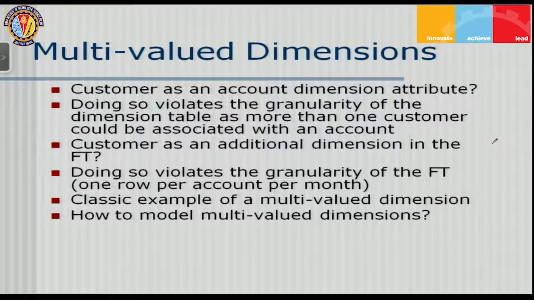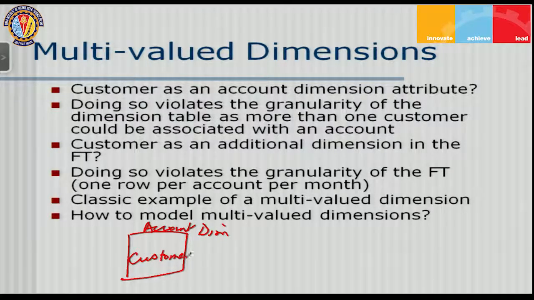So what I can do is try to model a customer as an attribute. Suppose this is my account dimension. If I have a customer attribute in this, you have seen that an account can have multiple customers.